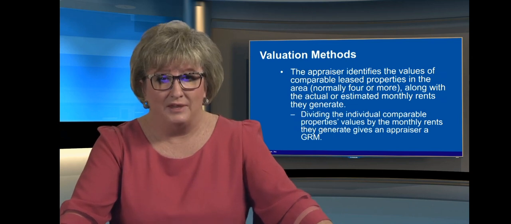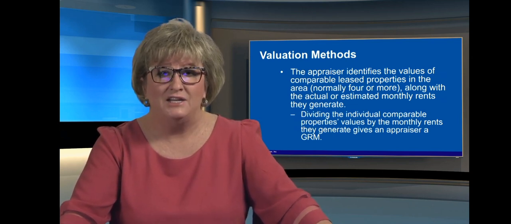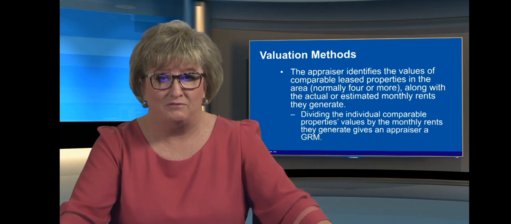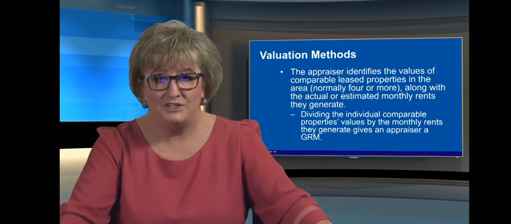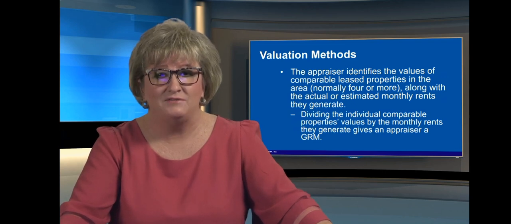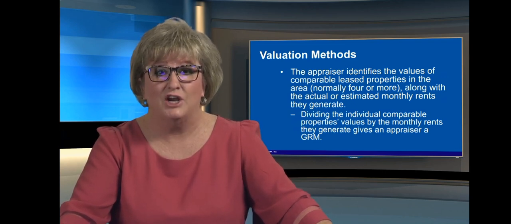Then we divide the individual comparable properties' values by the monthly rents they generate. That gives the appraiser the GRM.